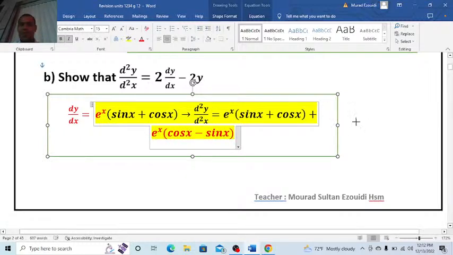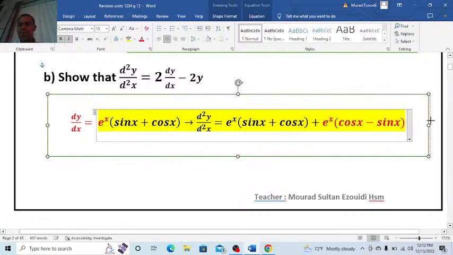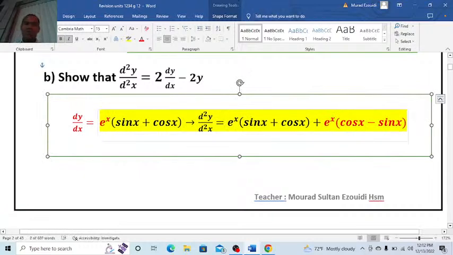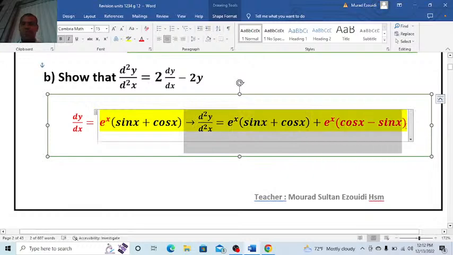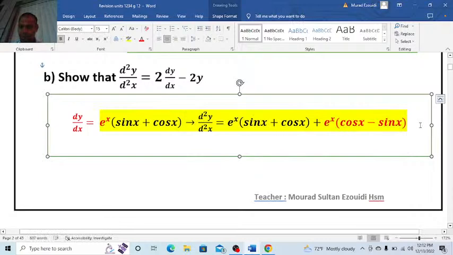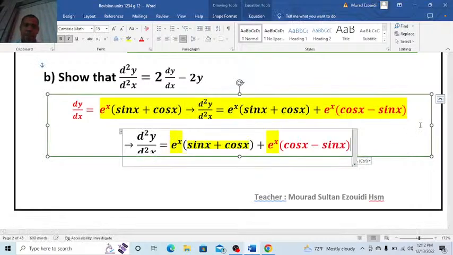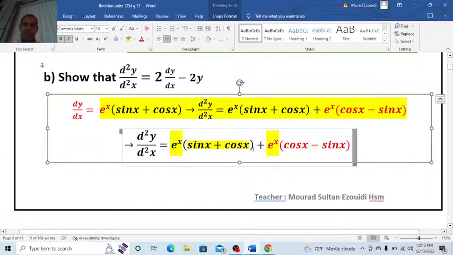Therefore, my kids, my daughters and my sons, this should be equal to that. I will write this again here. This is d second y with respect to x, which is exponential of x times sine of x plus cosine of x, plus exponential of x times cosine of x minus sine of x.